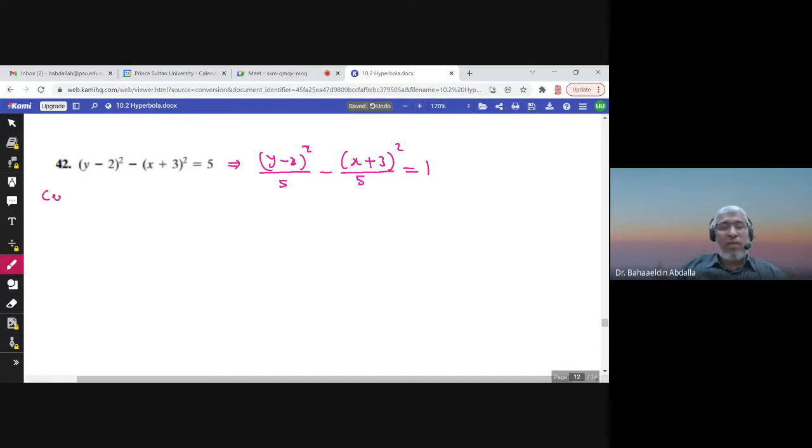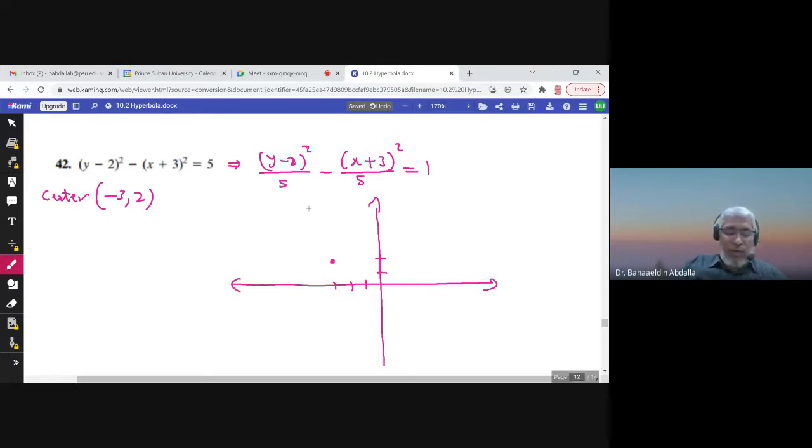Well, the center is x minus h, so negative 3, y minus k, so k is 2. 1, 2, 3, 1, 2. This is the center. Square root of 5 is 2.2. So 2.2 units, this is negative 3. 2 units, 0.2, I reach here. 2 units, 0.2, I reach here.